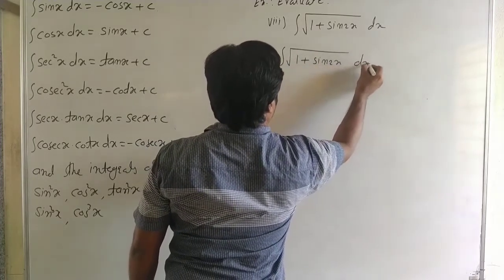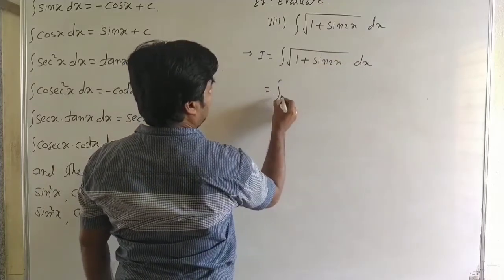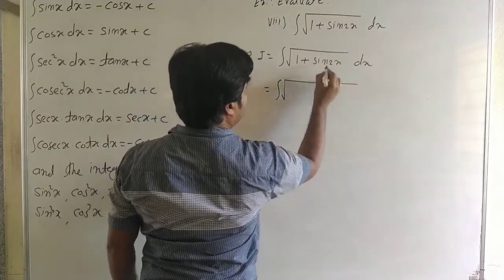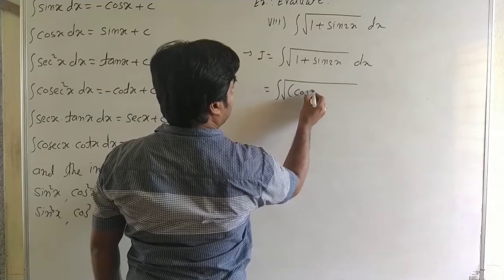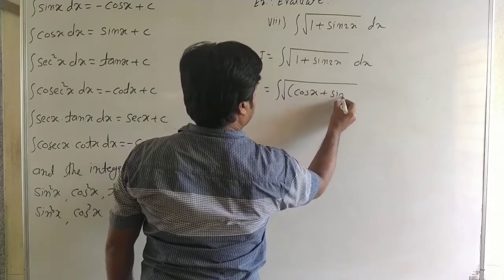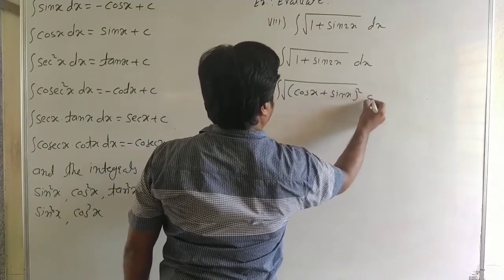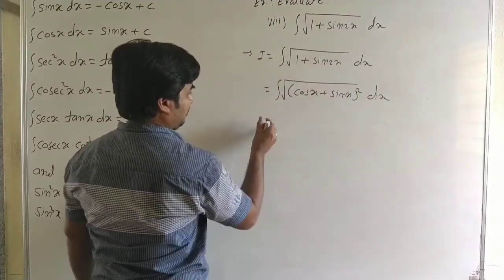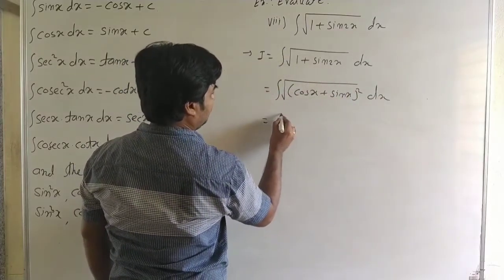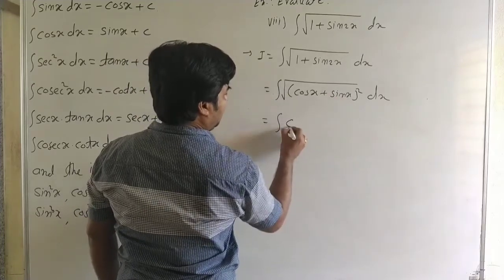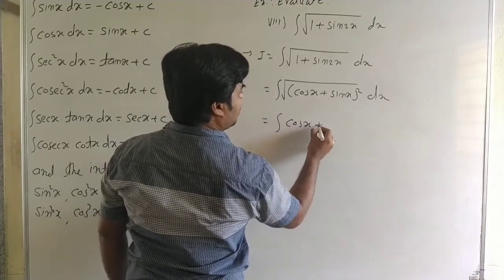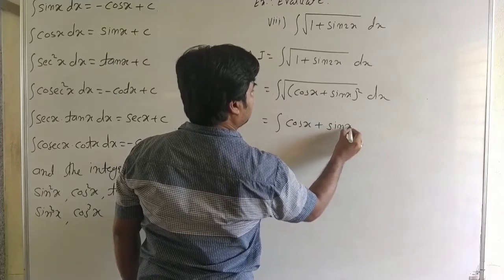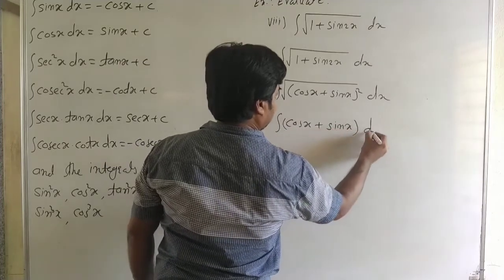Again here we use the trigonometric formula. Under root of 1 plus sin 2x is cos x plus sin x whole square, and then the under root and square get cancelled, leaving cos x plus sin x dx.